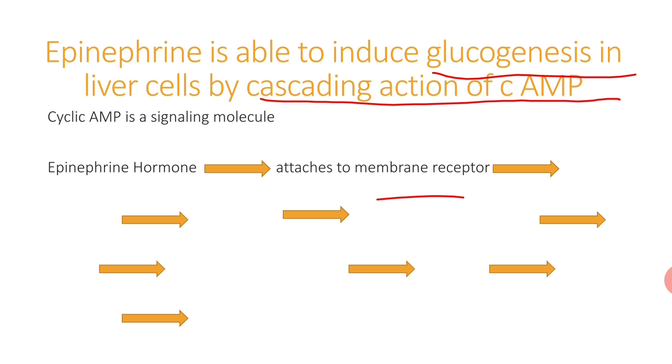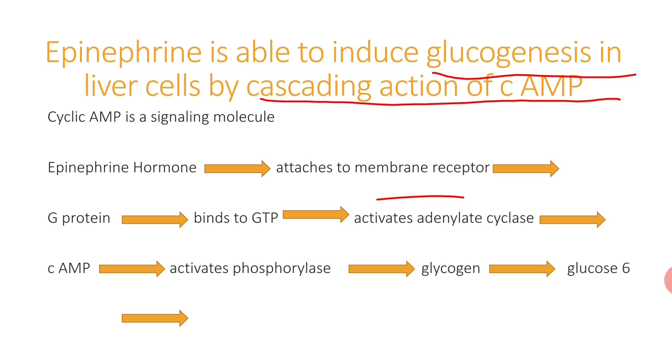Epinephrine hormone is released and it is attached to the membrane receptor, namely G protein, which binds to GTP, and now this GTP activates adenylate cyclase, which is responsible for the synthesis of cyclic AMP, which in turn activates phosphorylase, and the phosphorylase enzyme converts glycogen into glucose 6 phosphate, and this glucose 6 phosphate is in turn transformed into glucose by glucose 6 phosphatase enzyme.